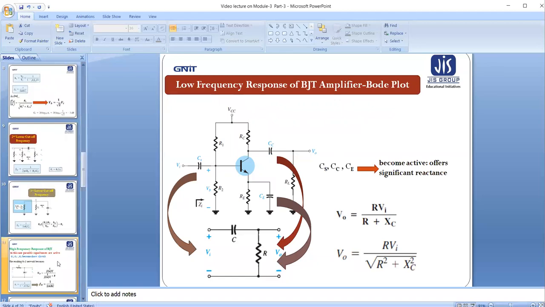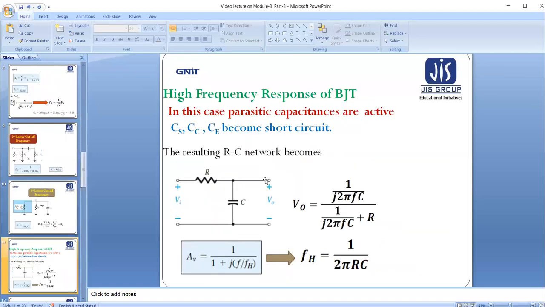But at the same time, some stray parasitic capacitances become active. We had also learned from the hybrid pi model that during the high frequency analysis, the stray capacitances C mu and C pi were active. The same thing happens here, the parasitic capacitances are active.